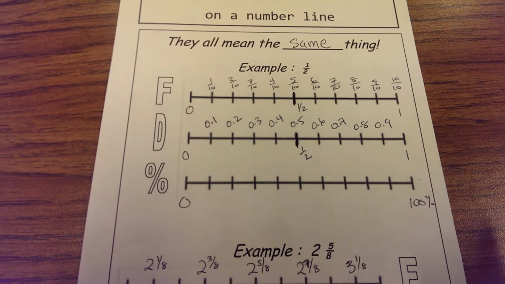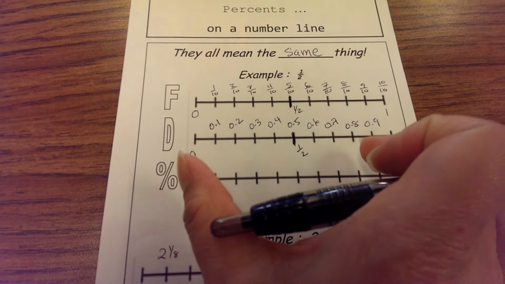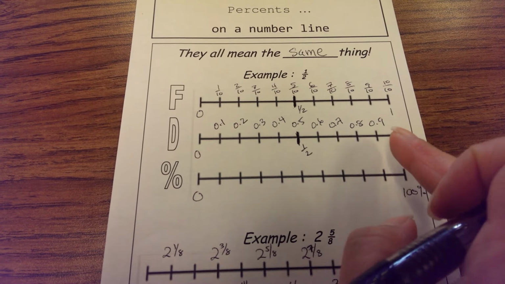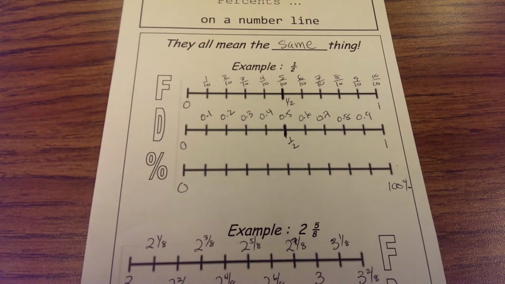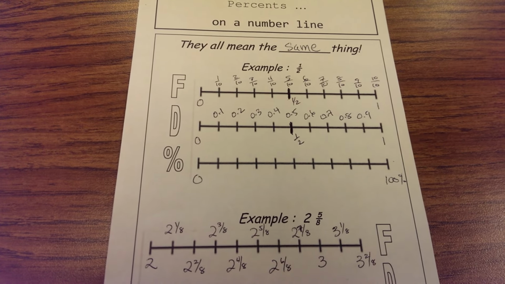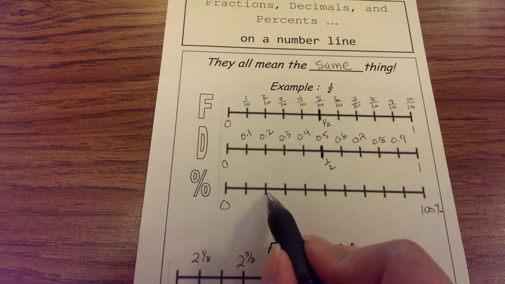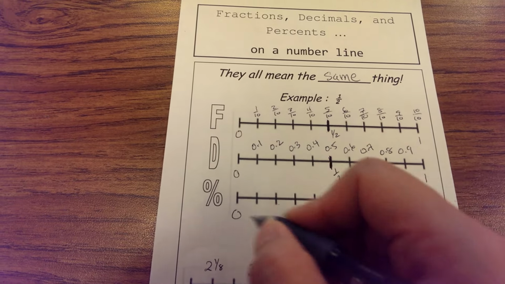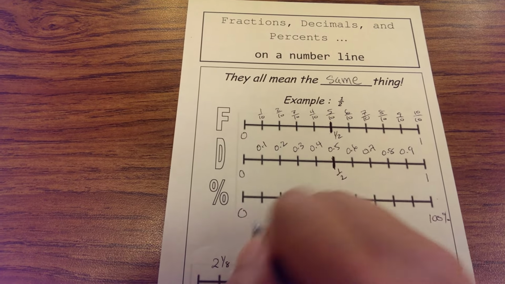Last one, as a percent. Well, as a percent, the 1 whole would equal 100%. If you got a whole candy bar, you got 100%. So the 1 whole, the 100%, would be where the 1 whole is. Half, well, what's the percent for half? The percent for half would be 50%. So then each of these, again, there are 10 tallies. So if I need to get to 50%, each of these would be worth 10%.